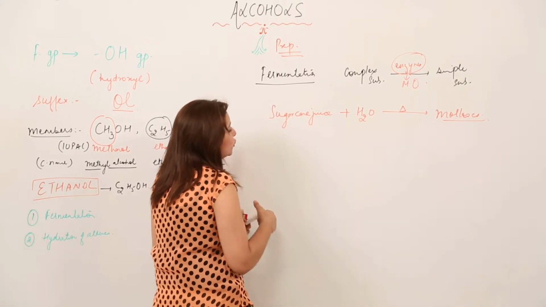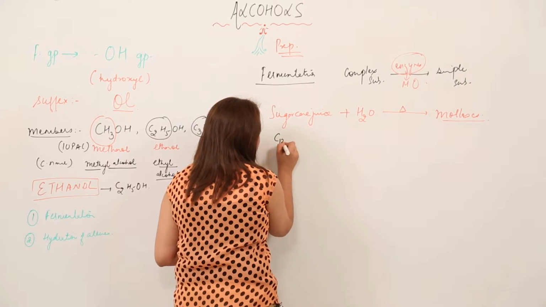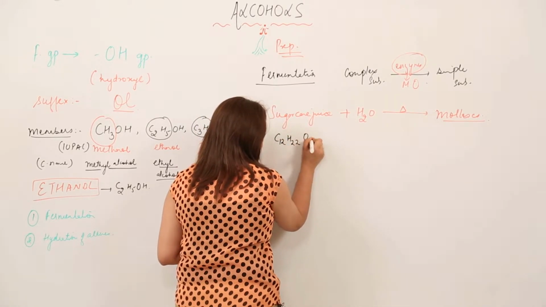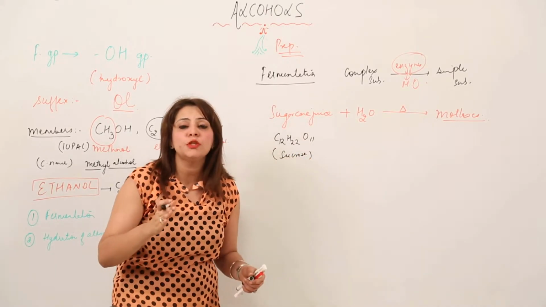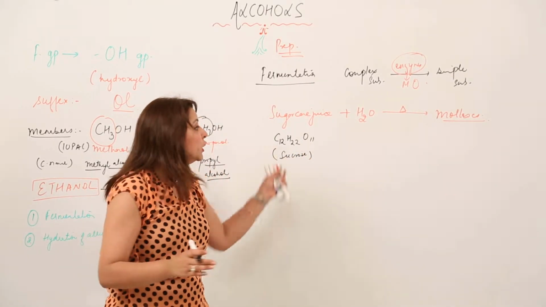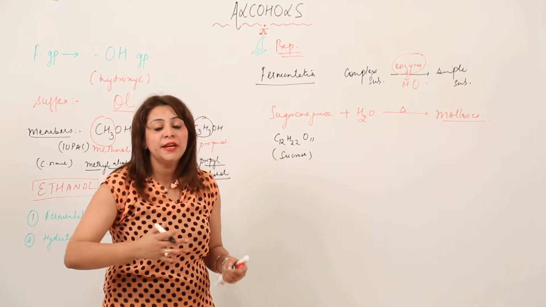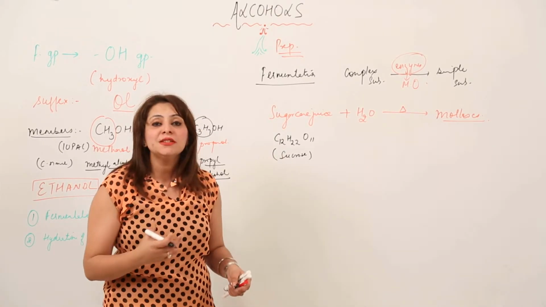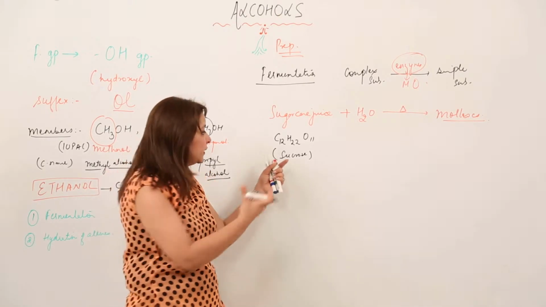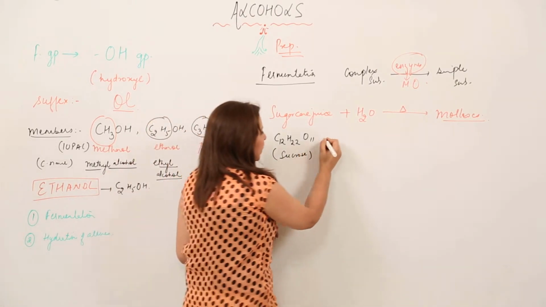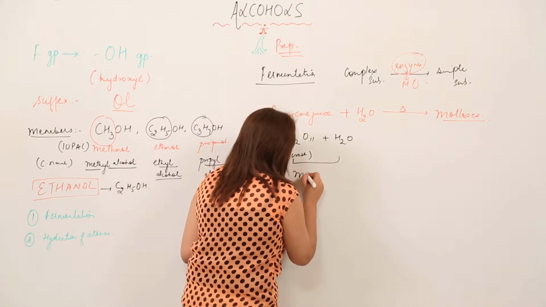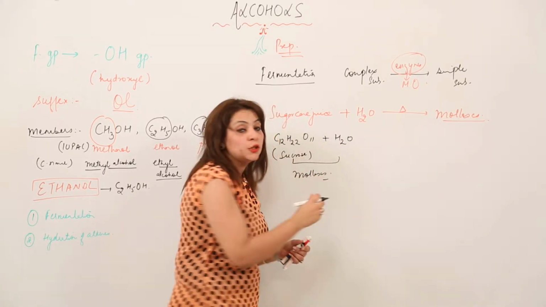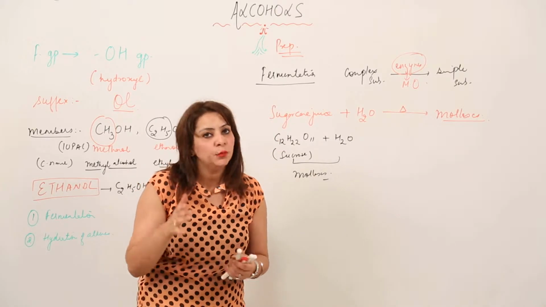What sugar does sugarcane juice contain? It contains sucrose, C12H22O11. Molasses is just a mixture of sucrose sugar and water, a thick, viscous, sweet substance.